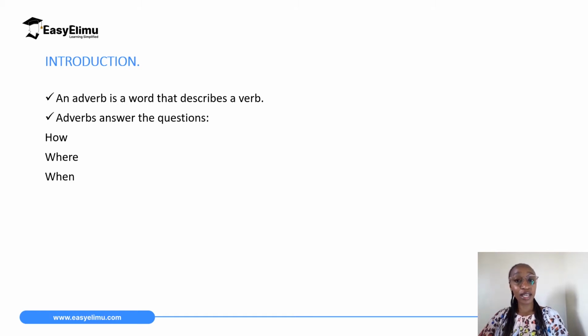Adverbs of manner answer the question how. Adverbs of time answer the question when. And adverbs of place answer the question where. Adverbs of frequency or adverbs of degree answer the question how intense.